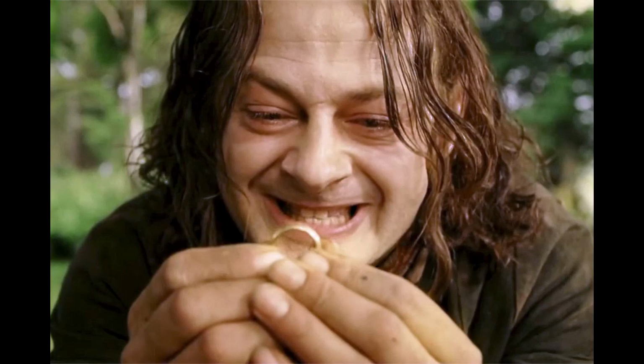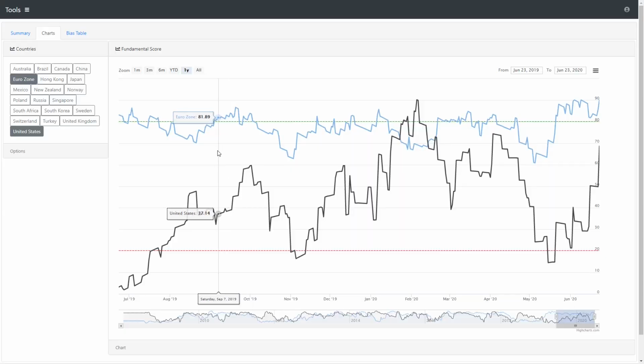Okay, so let's do some tests with economies. For example, we have on the screen Eurozone against United States, so we are talking about currencies. If we see a scenario like this where the Eurozone is doing better than the United States, what we must expect is that EUR/USD will go up.